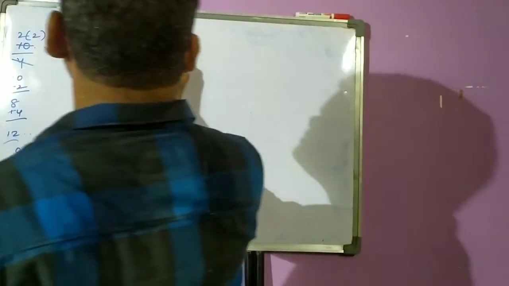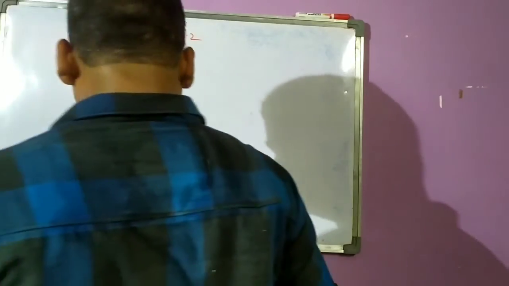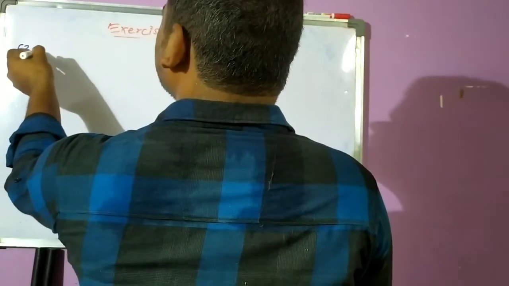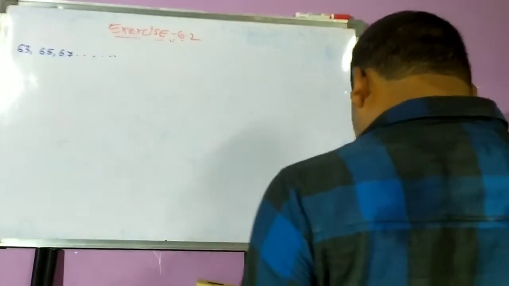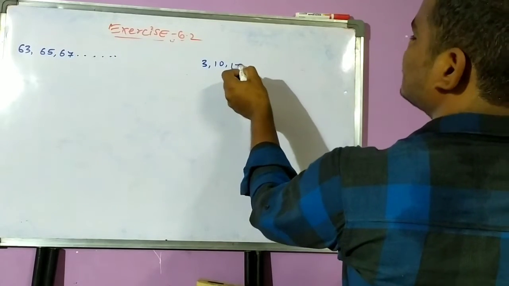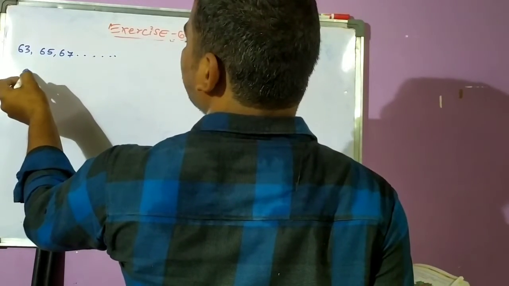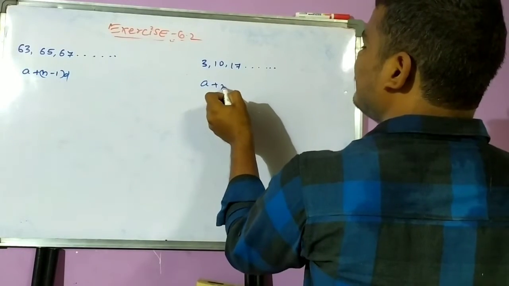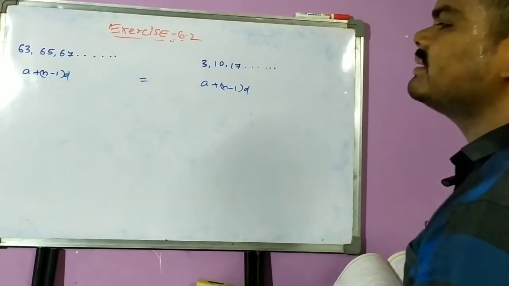This is where the nth terms are equal, so we need to equate their nth terms. 63, 65, 67 and so on is one sequence, and 3, 10, 17 and so on is the other sequence. What is the nth term here? a plus (n minus 1) into d. Here also it is a plus (n minus 1) into d. He is asking to equate their nth terms.